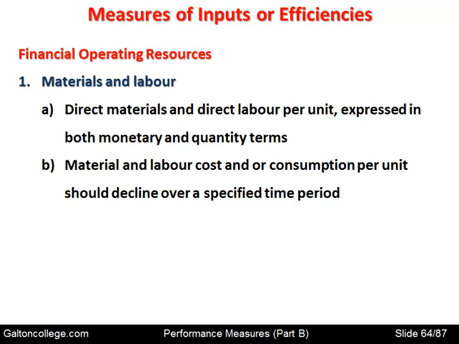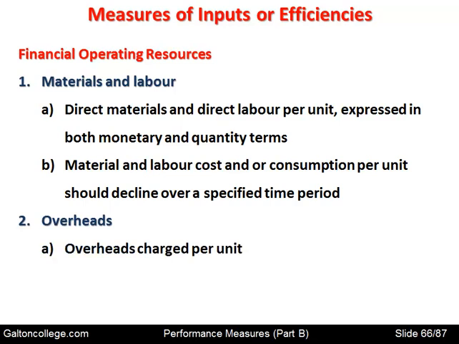It may be able to bulk order and get discounts. And labour costs may reduce as well, as more efficient workers are employed and better training programs, and also the workers become more skilled in working on a particular job, performing particular tasks. So unit labour costs decline over time periods as well.